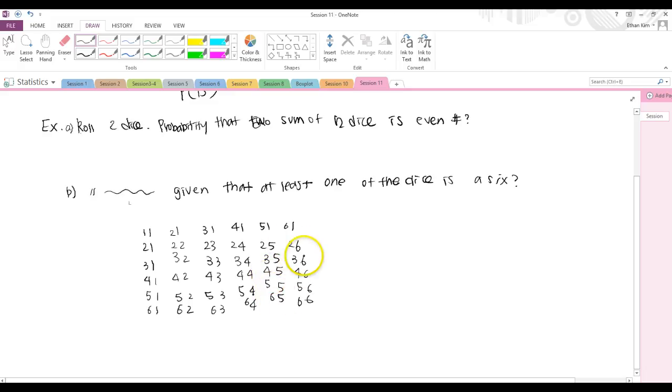Okay, so this is a little confusing, but let's look at this. What is the probability the sum of two dice is even, right? So the even sums are these, this, this, right?